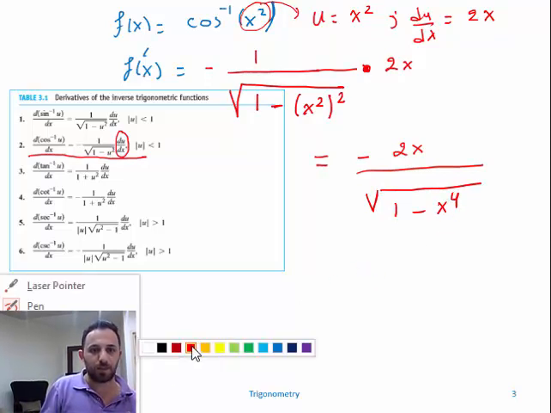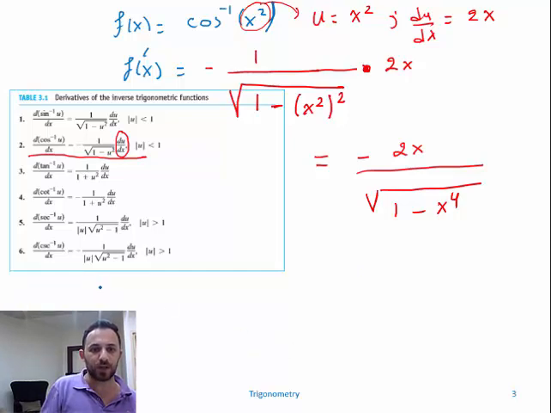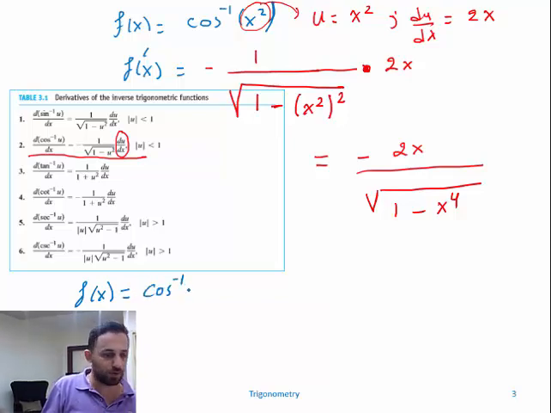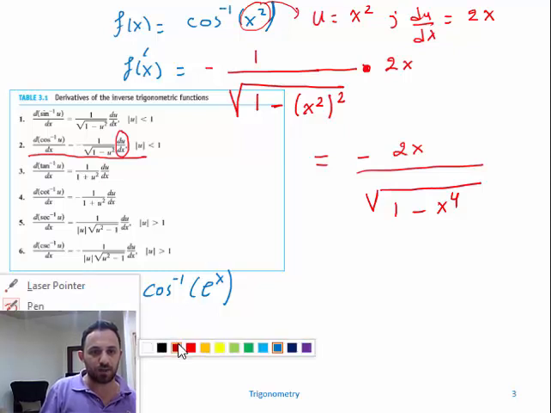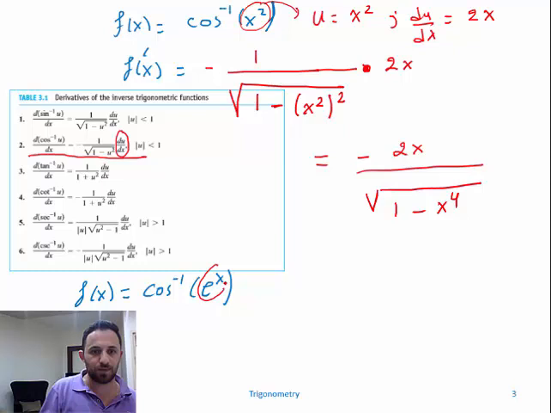Another example, if we are given f of x equal to cosine inverse of e power x, we want to obtain the derivative f prime of x. I define u as e power x.